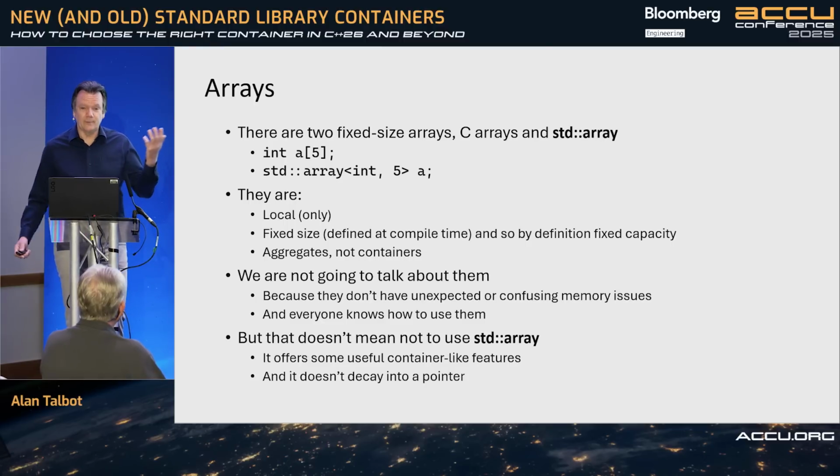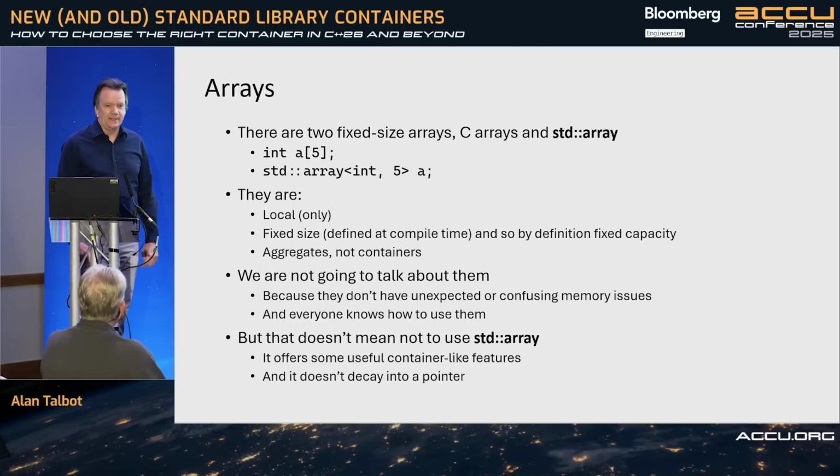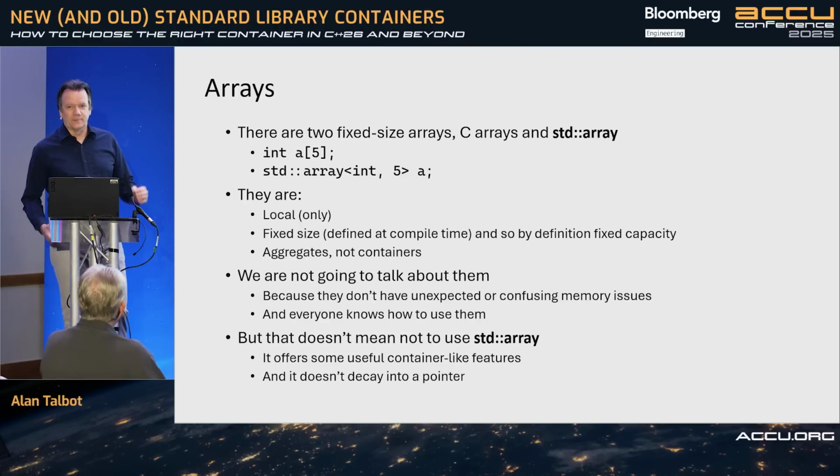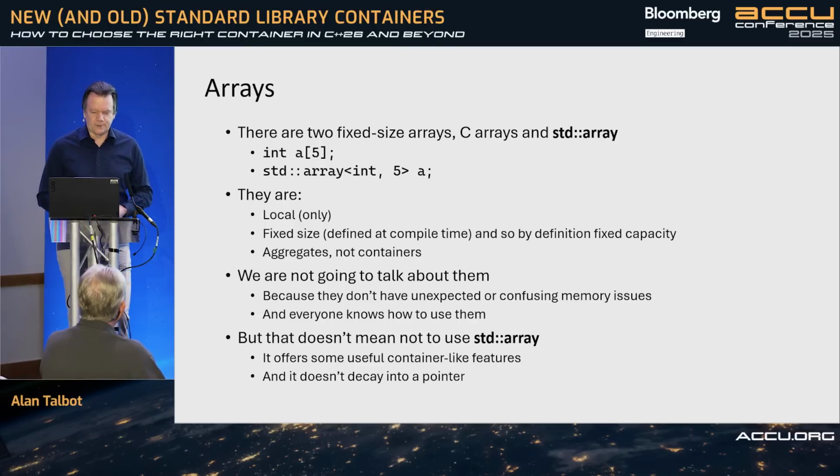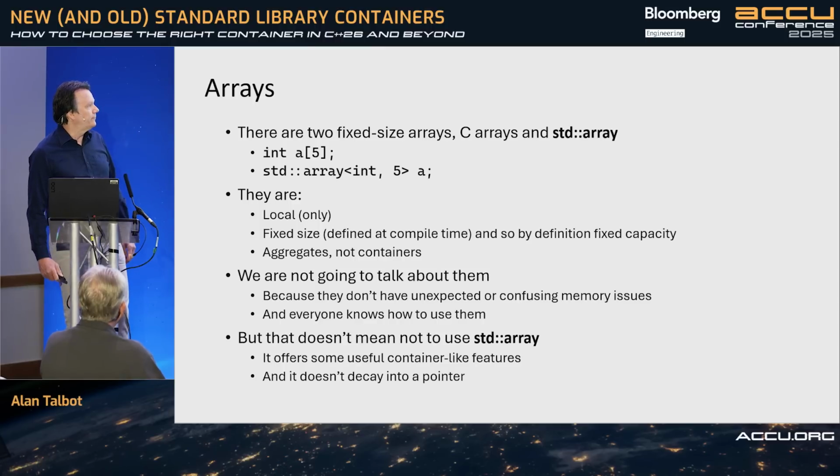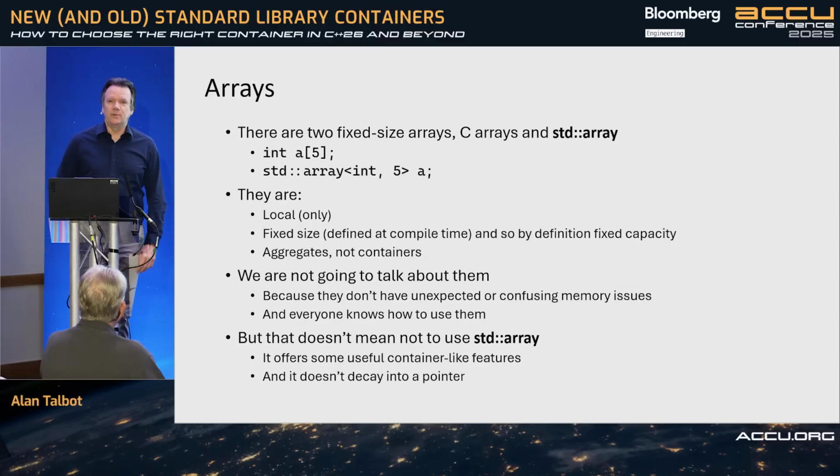The standard array is in the containers chapter of the standard, but it's not really a container. It's an aggregate with some container convenience features. So we're not going to talk about these. Don't get me wrong, standard array is great. You should use it, but the memory issues aren't confusing. Let's put it that way.